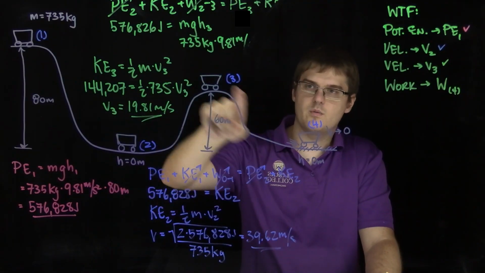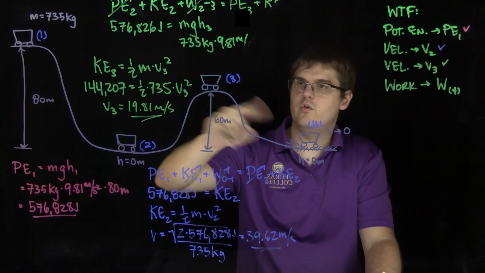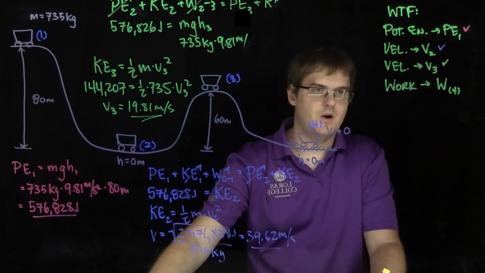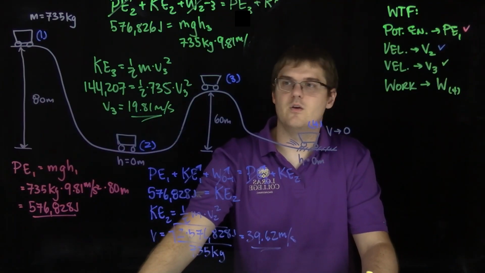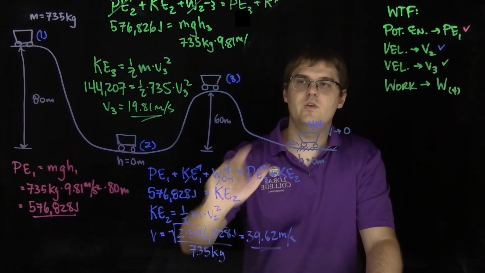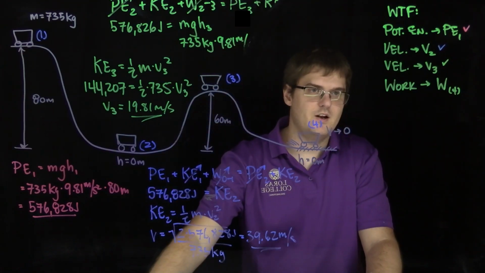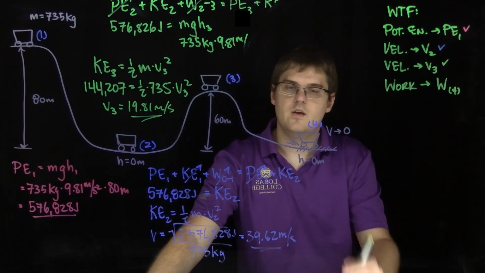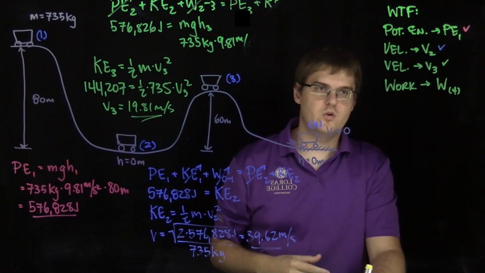If there's no work between it, we could grab from any location. We could go 1 to 4, 2 to 4, 3 to 4, no problem. Even if there was work, we could do that. We just have to incorporate that work. The reason I'm not going to choose 3 is because I have both a potential energy and a kinetic energy at state 3. So I can choose 1 or 2. It won't make a difference.